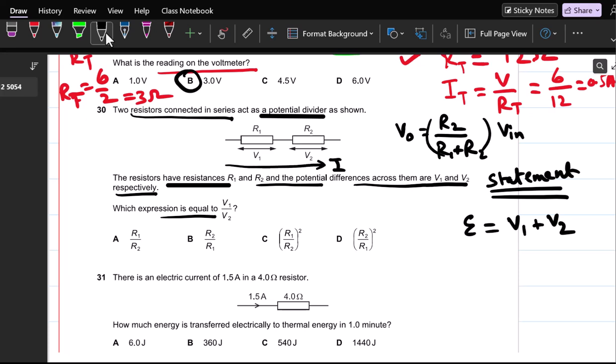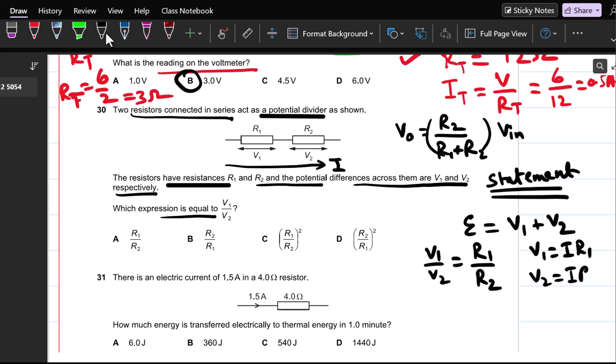So we are going to use that V1 by V2 which is equal to R1 over R2. अगर आप देखते हैं V1 is equal to IR1, करंट तो सेम है. V2 is equal to IR2, इनकी रेशियो लेंगे V1 over V2 which will be IR1 over IR2. Current and current cancel, so it will be A.